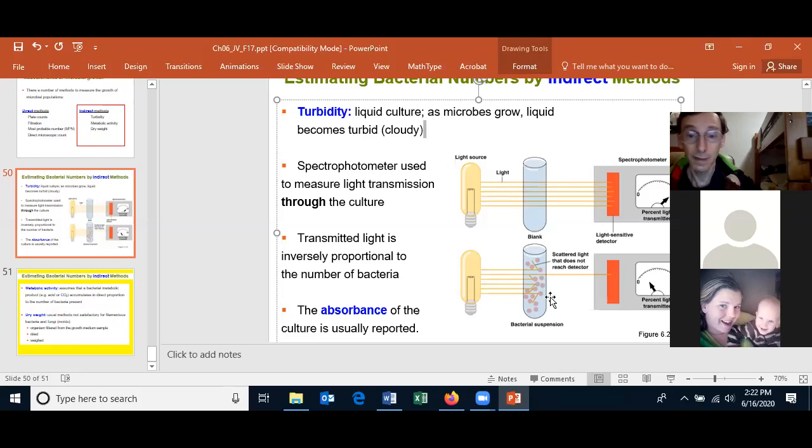This is a very easy way to get an estimate of the number of cells. You just get a tube of it, put it in, and then do your reading on the spectrophotometer and look on the chart, and it tells you how many cells per mil you have. So that's a very easy way of getting the number of cells that I've used.